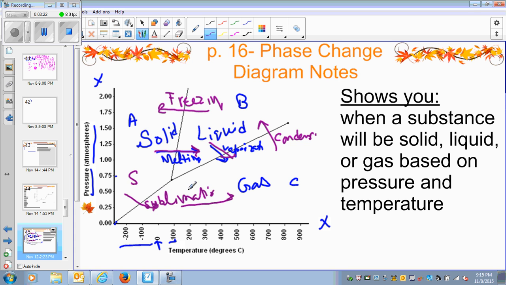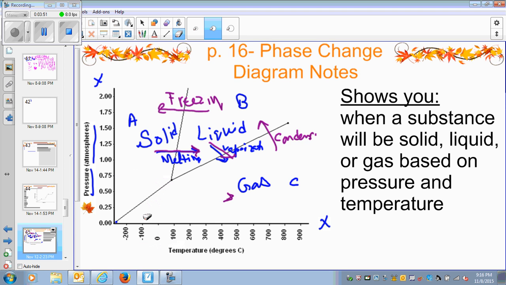And if I decrease the temperature again, going from gas to solid, this is called deposition. The temperature and pressure have to go above a certain point to count the liquid section in. Otherwise it will go through sublimation or deposition. But the rest of the story doesn't change. The kinetic energy increases as we increase the temperature, and decreases as we decrease the temperature.